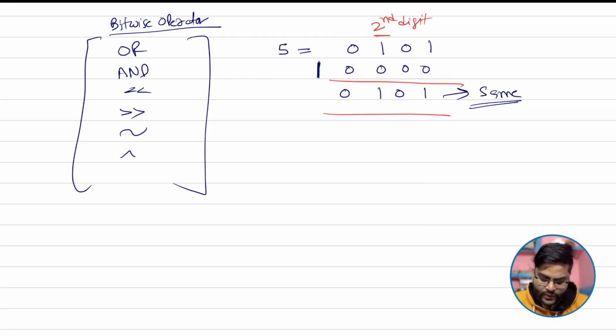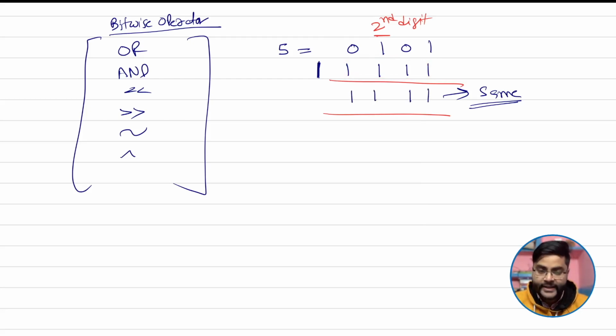Now what if I take all ones? See, bitwise OR of 1 with anything will be 1 only. So all will result in 1.